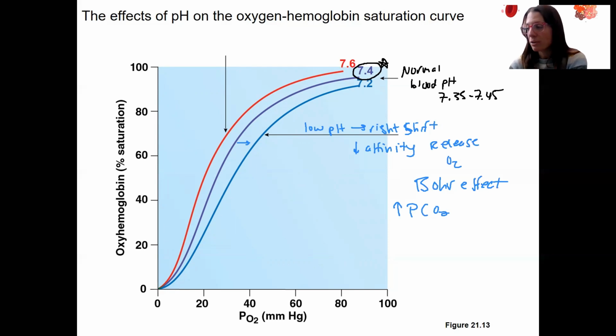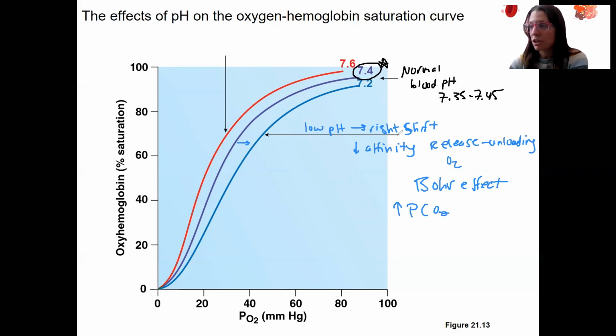And this is called the Bohr effect that is going to enable oxygen unloading. This is useful because active tissues tend to have high PCO2, low pH, and need oxygen to unload onto them because they're active.